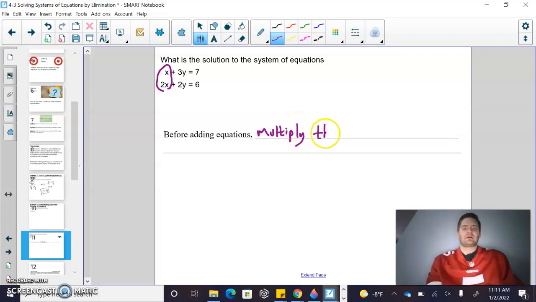multiply the first equation by negative 2. So when we do that, I'm just going to show it down here.